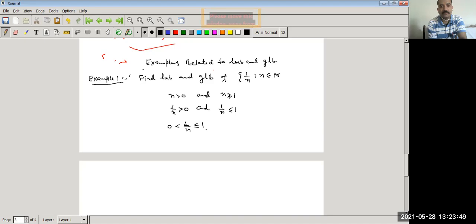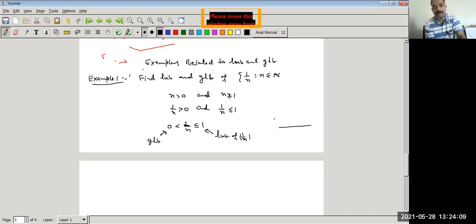So all the numbers 1 upon n are less than equal to 1 and greater than 0. So this is the least upper bound of 1 upon n, and this is the greatest lower bound of 1 upon n.